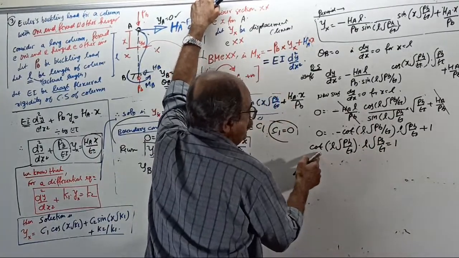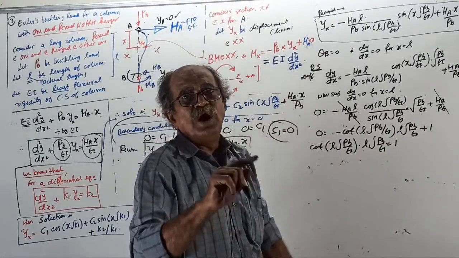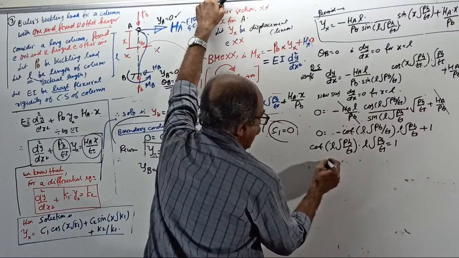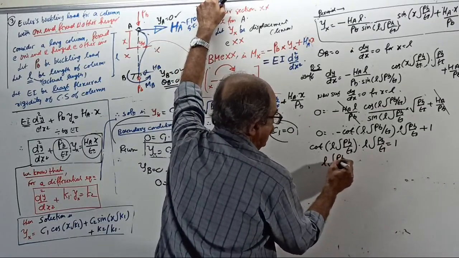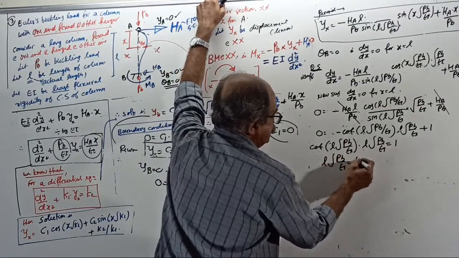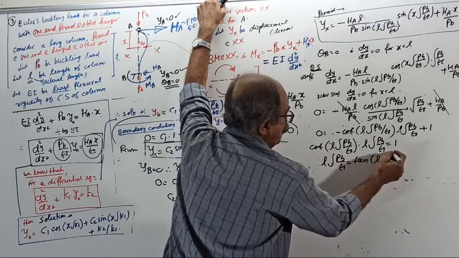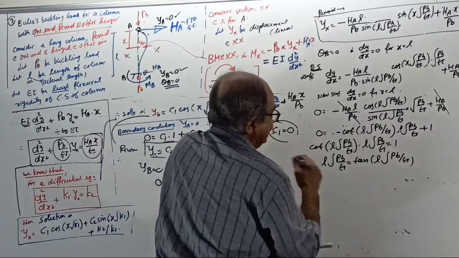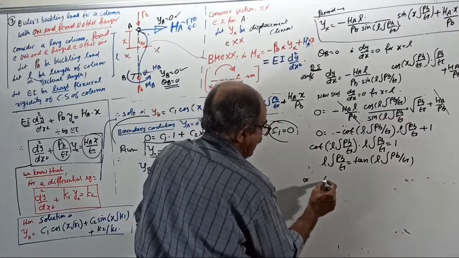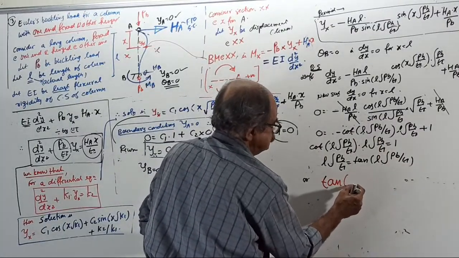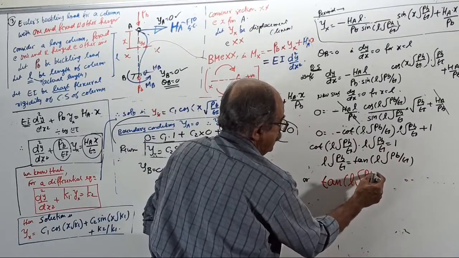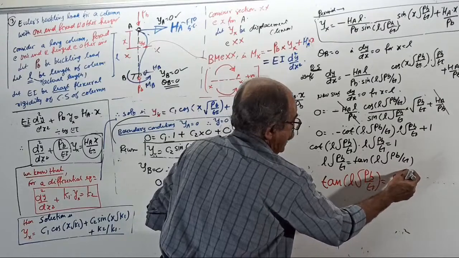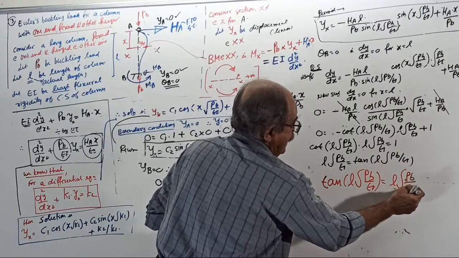I do not want cot, I want tan. So you can write L root PB by EI equal to tan of L root PB by EI. Or interchange: tan of L root PB by EI equal to L root PB by EI.